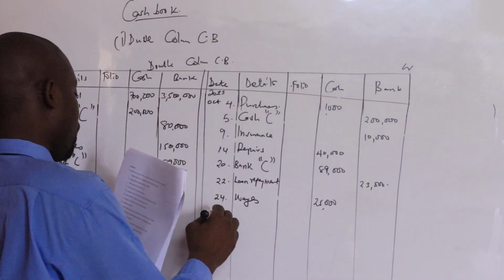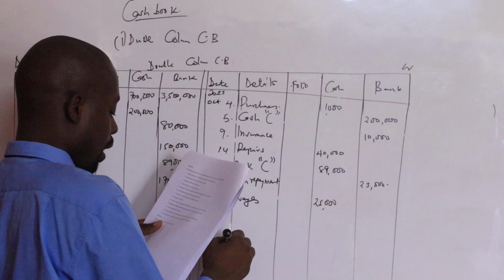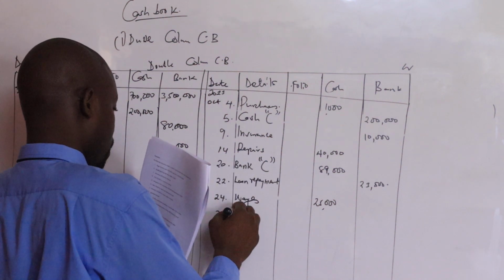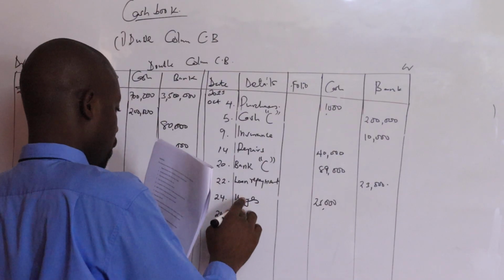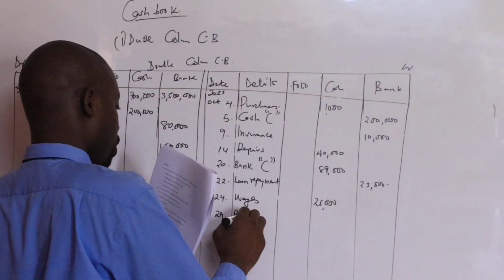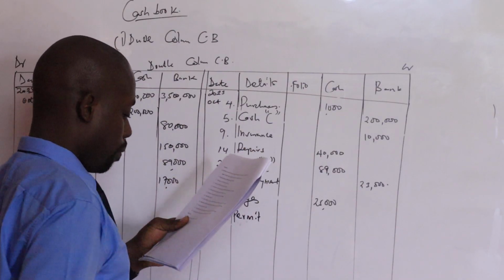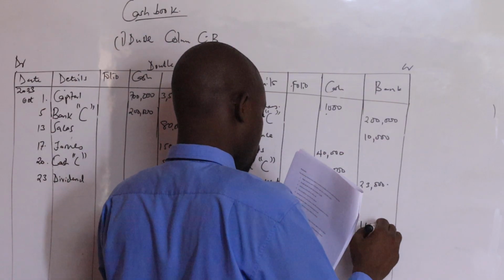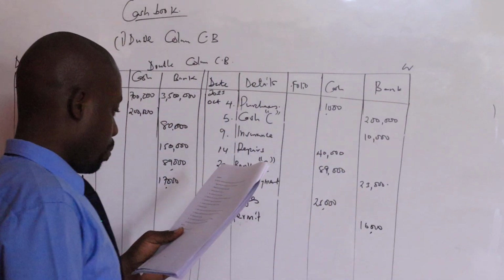That's on 29th. That's a cash outflow, and it was made by check. So we are paying for the permit. That is 16,000, so the bank column will reduce by 16.